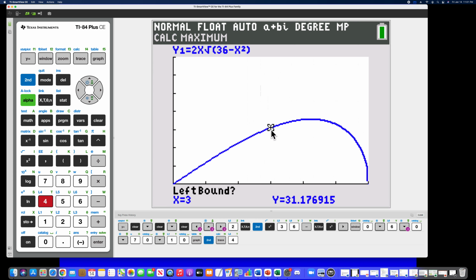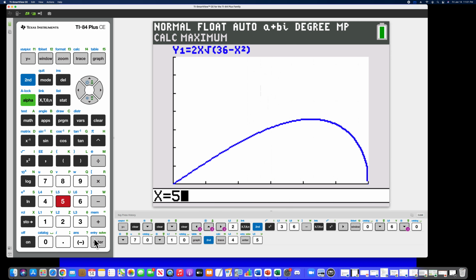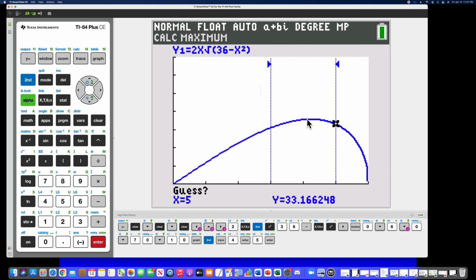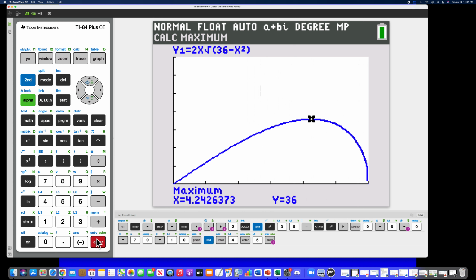Now that looks like a good point to start with. We'll start there with x being 3. We'll just hit enter. And I'm going to choose a 5. I can clearly see that 5 is definitely to the right of where the relative max is. And on the guess, you can just hit enter.